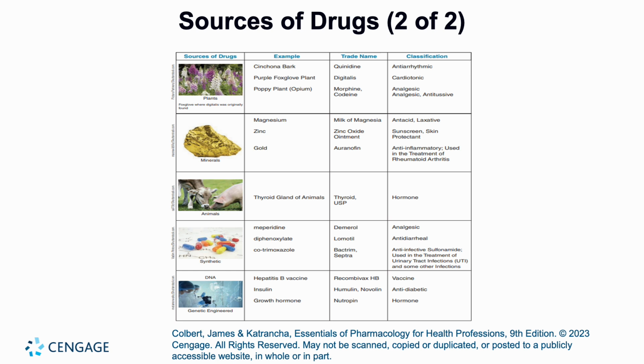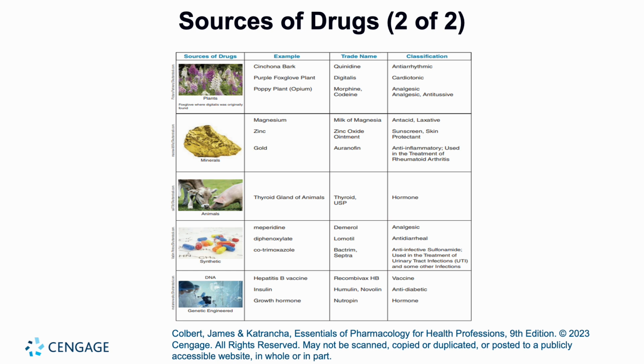It helps to increase the efficacy of the heart as the pump of the heart. Gives it strength when it's pumping, and it also can help slow the heart rate. Another example they give is poppy plant. Derived from the poppy plant, the drugs morphine and codeine are analgesics, help with pain.